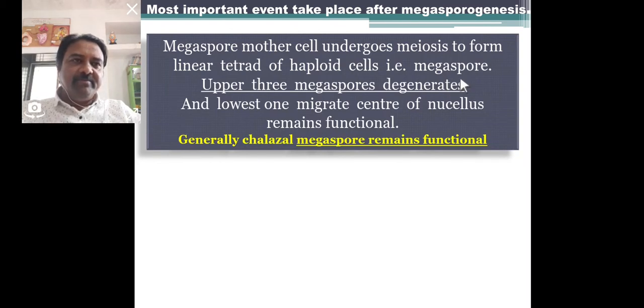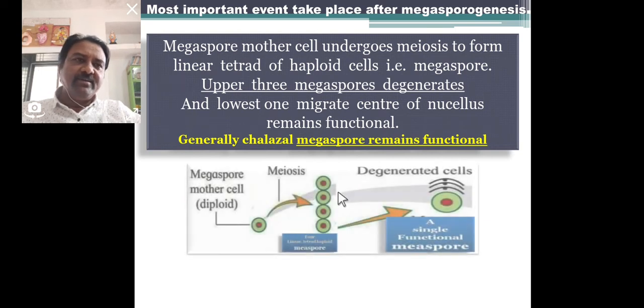But after megasporogenesis produces the tetrad of haploid megaspores, the upper 3 megaspores degenerate and the lowest one, at the center of the nucellus, remains functional. Mostly the chalazal megaspore remains functional.